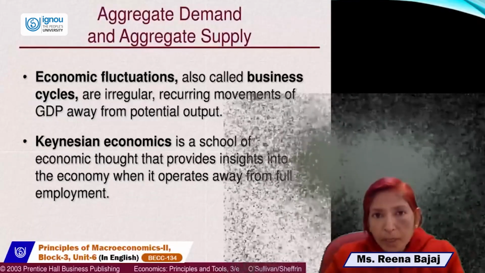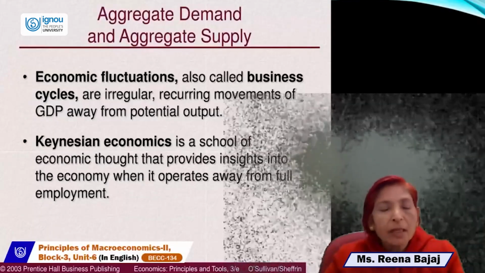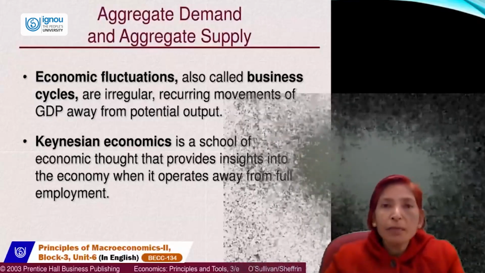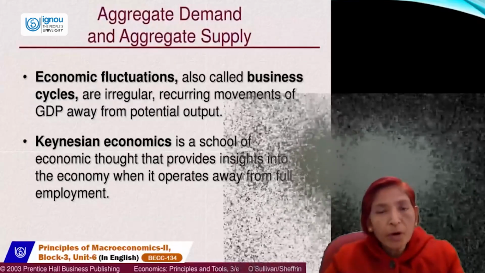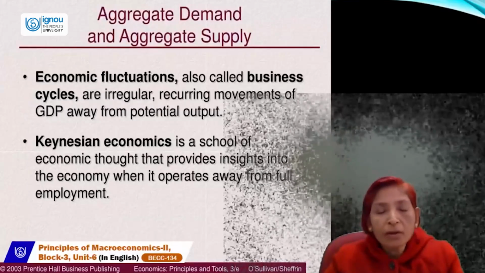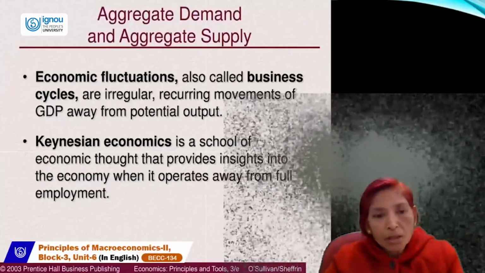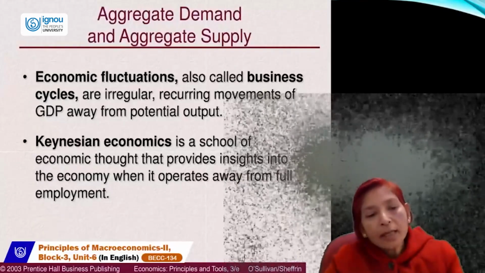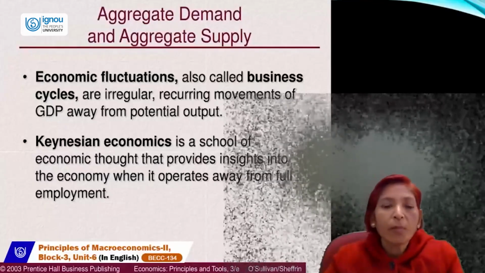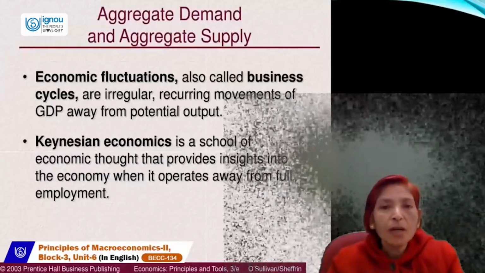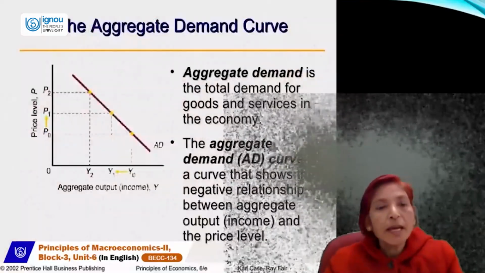And in macroeconomics, J.M. Keynes gave a very important, very great contribution. Keynesian economics is a school of economic thought that provides insight into the economy when it operates away from full employment.